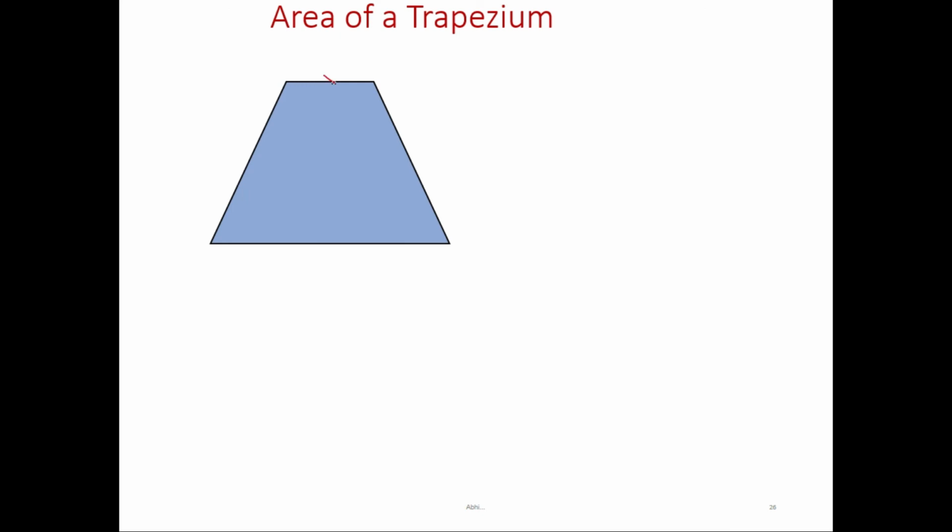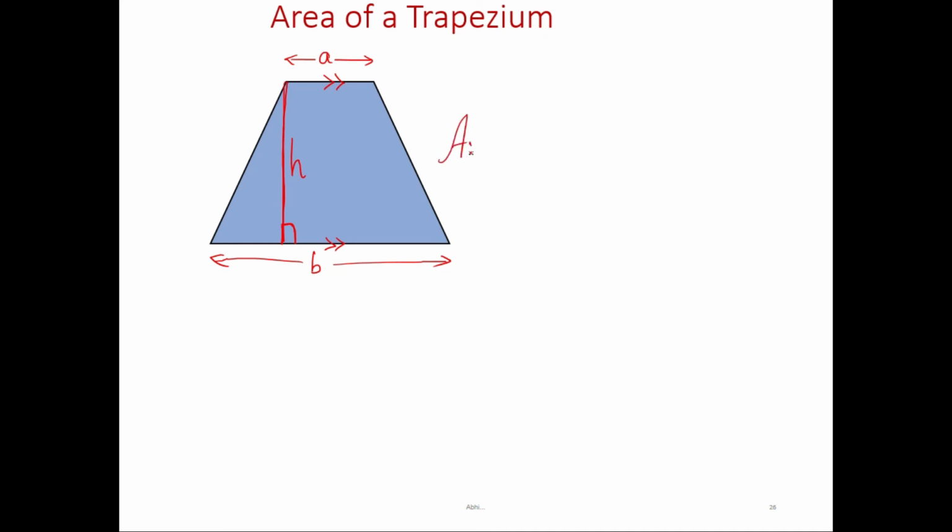First of all, it has the parallel sides, which are considered to have lengths A and B. Apart from which, we consider the perpendicular distance between the parallel lines, which is considered as the height h.